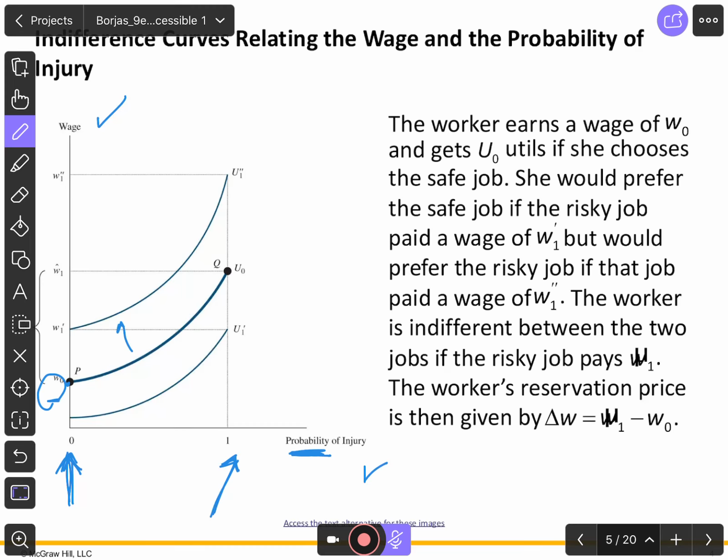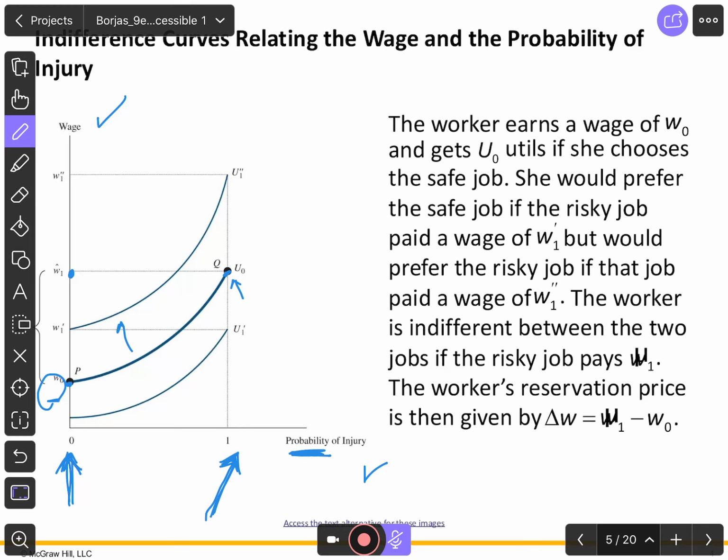So what does that mean? Comparing this point and this point, we are on the same indifference curve. If we keep utility constant, keeping preferences constant, then in order for the worker to accept a probability of injury of 100%, you have to offer W1 hat.